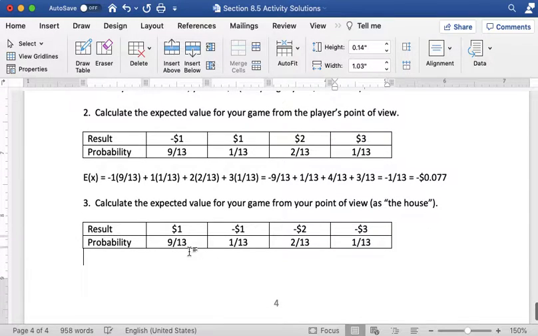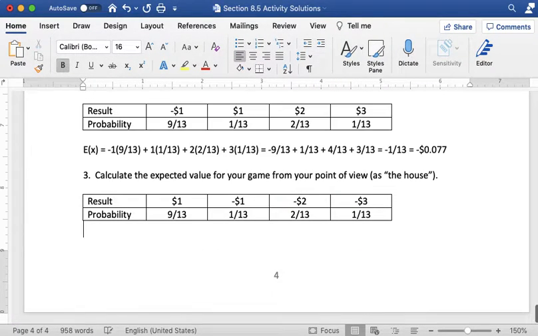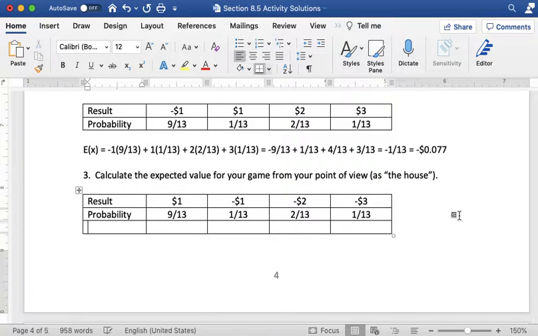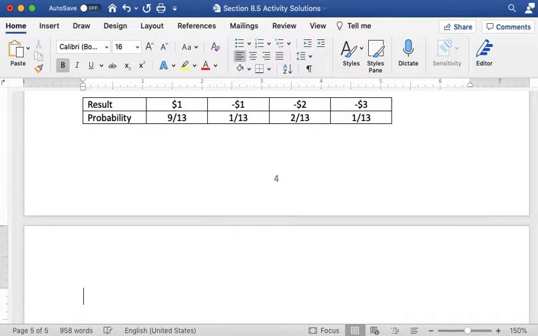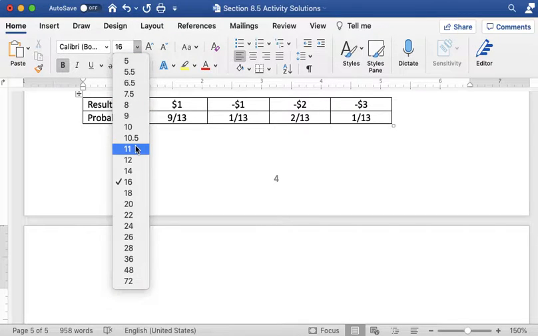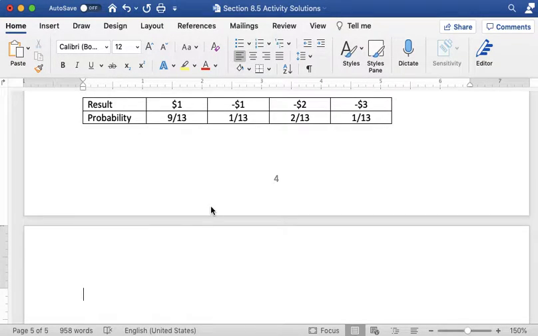So for my expected value here, from the house's point of view, that's going to be 1 times 9/13 plus -1 times 1/13 plus -2 times 2/13 plus -3 times 1/13.